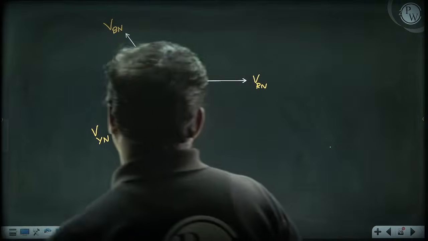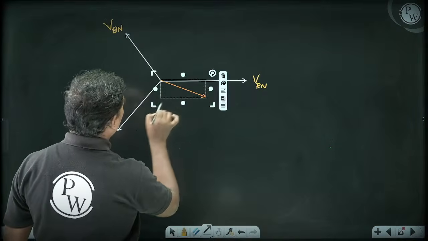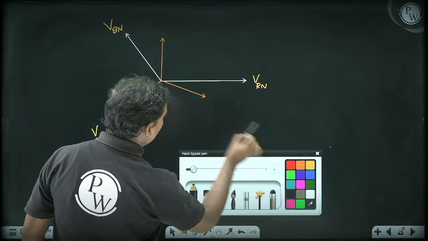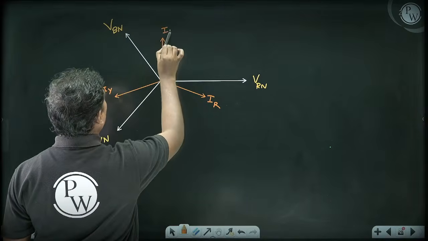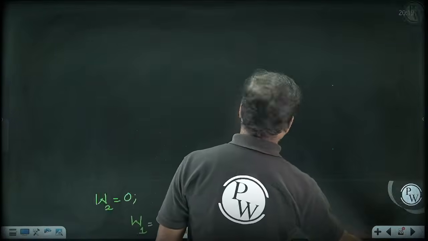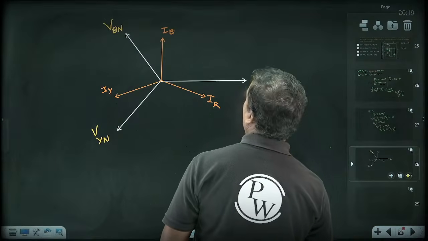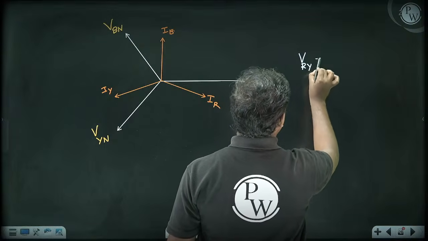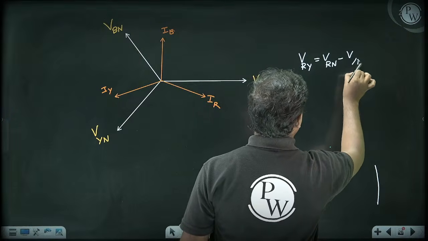Yes. So this is IR, this is IY, this is IB. So these are our currents. So first one, if you see, what is the first one we are going to get here? VRY. VRY means VRN minus VYN.